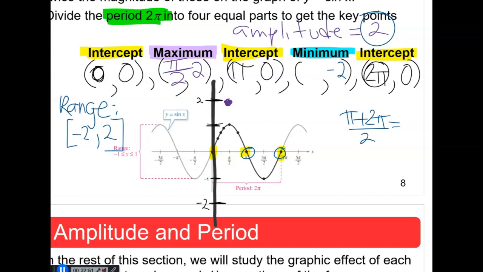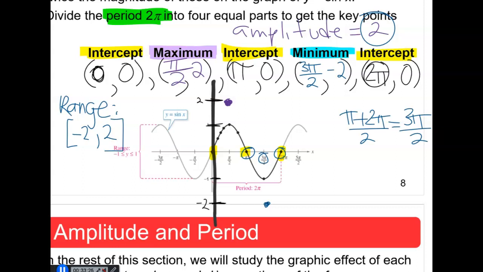Here we add the two numbers in the numerator, so that will be 3 pi, and then divided by 2. We prefer fractions over decimals, so 3 pi over 2 is located here. So then the minimum will have the y value of negative 2 and the x value of 3 pi over 2.